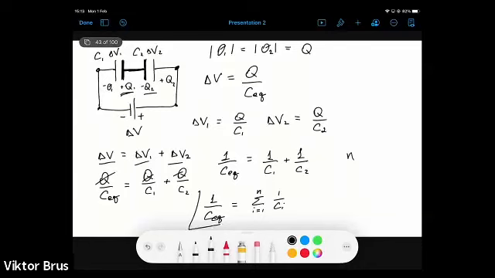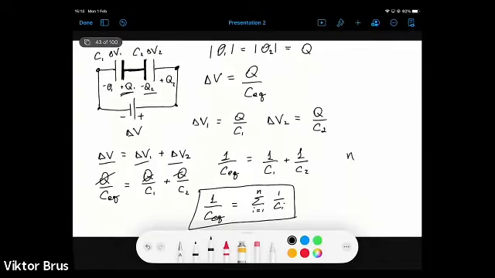So this is the way we calculate equivalent capacitance of capacitors connected in series.